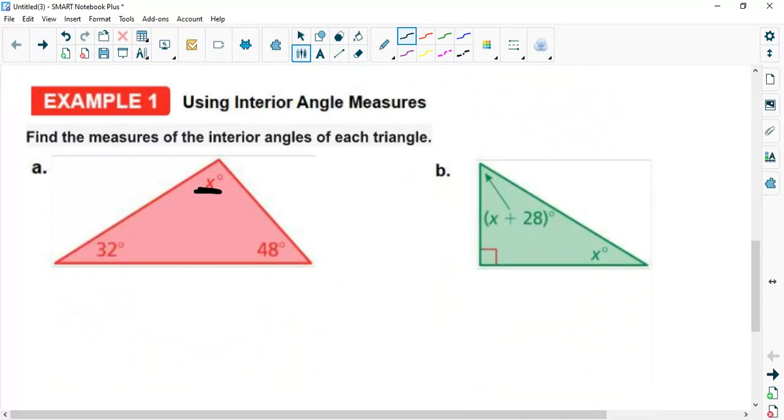As stated earlier, if I add together the x degrees, the 32 degrees, and the 48 degrees, they should equal 180. And we can now use our equation solving skills to find what the missing x is.